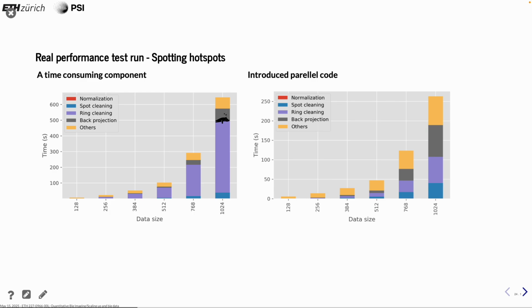Here is an example from my own coding where I did a performance test, and I was trying to identify hotspots. I have some different tasks in my processing, and you can see in the beginning you don't see anything, but if you look at this large data size, then you can see that the purple part is very long, and that one I addressed by introducing parallel code.